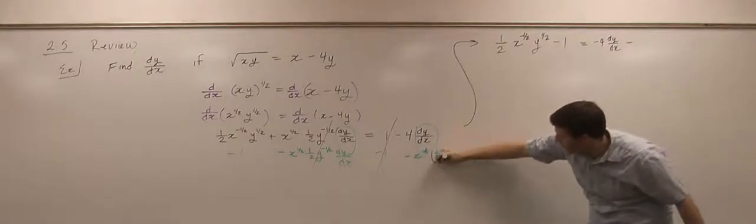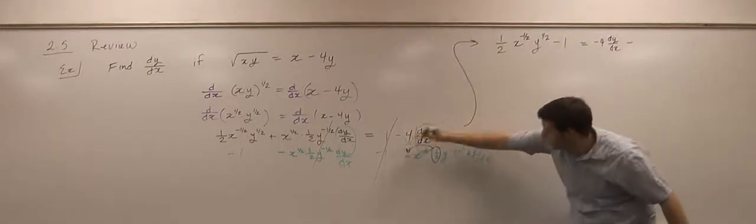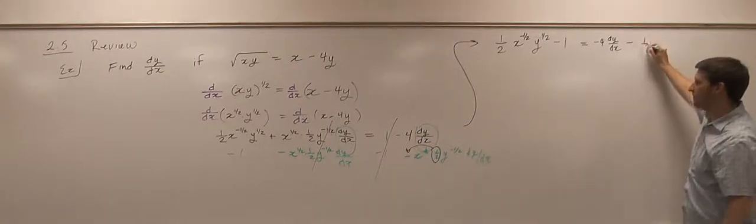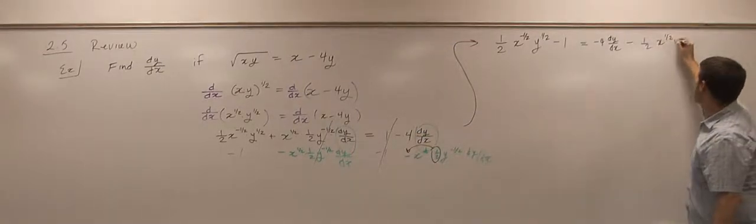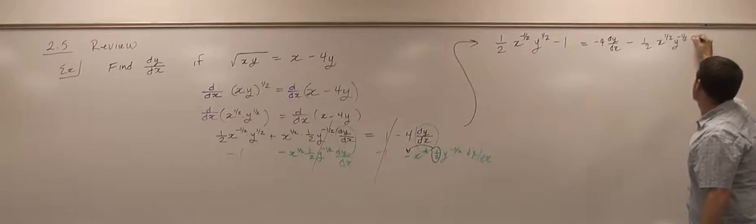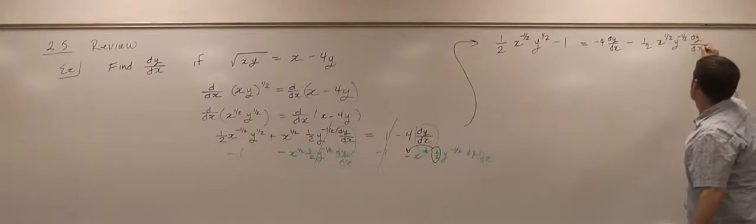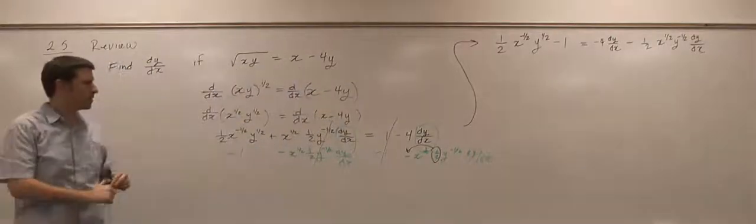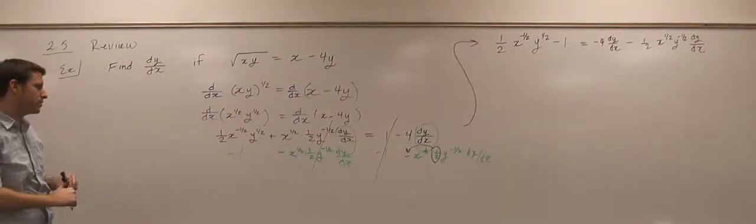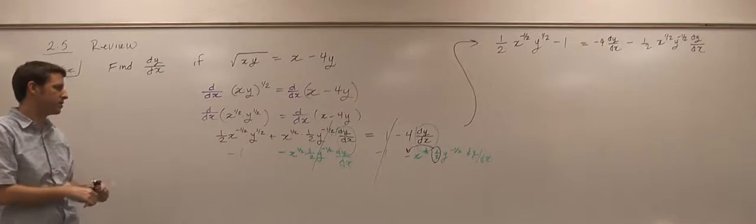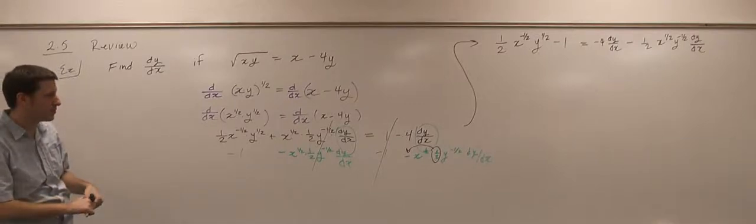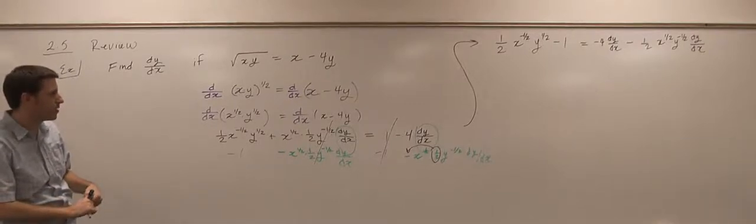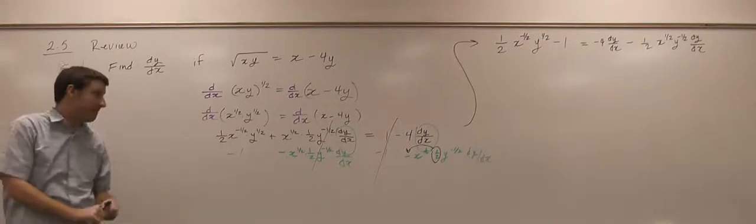I'm going to put this out in front. Minus 1/2 x to the 1/2 y to the negative 1/2 dy dx. Subtracting terms over to the other side gives ugly terms. That's okay. And then what's the trick?